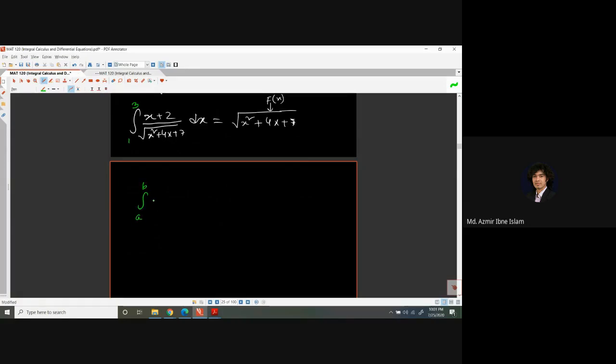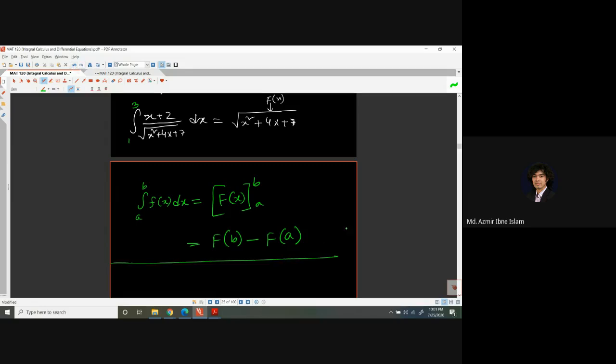Integration from x equal to a to x equal to b, f of x dx, is equal to, at first you have to find the antiderivative at the upper limit and at the lower limit. So antiderivative at upper limit, negative antiderivative at lower limit. This is called the fundamental theorem of calculus.